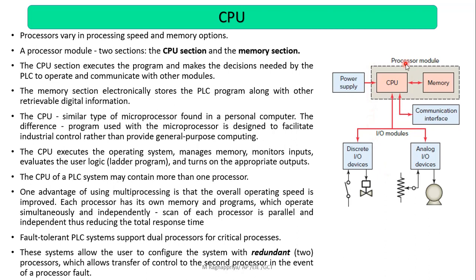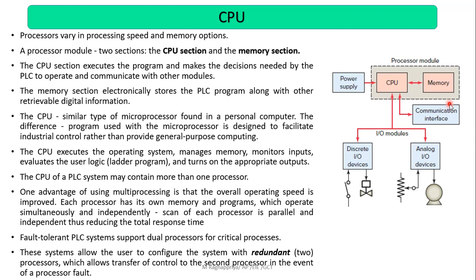PLCs can have more than one processor also. If we have more than one processor, then we can do multitasking. We can allot the processors in such a way that each processor is assigned some tasks, and all these tasks will be performed in parallel. If parallel processing is done, then we can improve the response time.